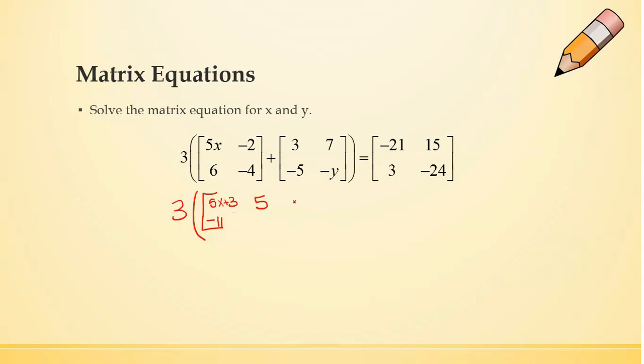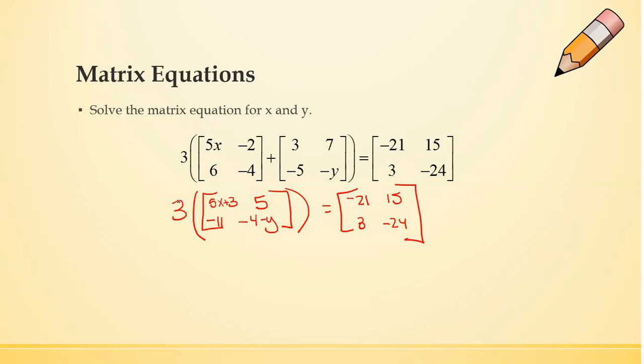And negative 4 plus negative y is just negative 4 minus y. That still equals negative 21, 15, 3, and negative 24.